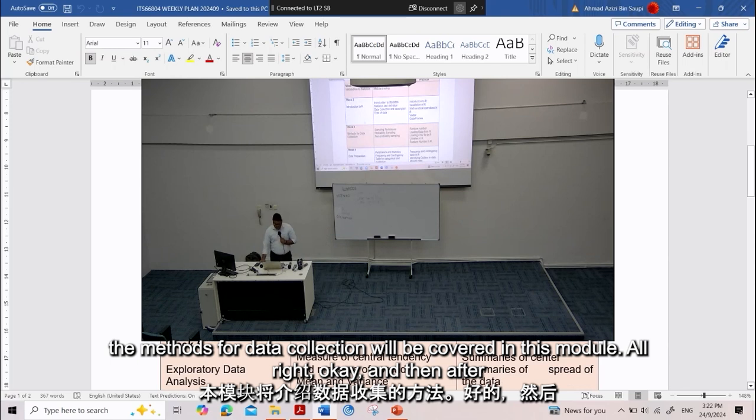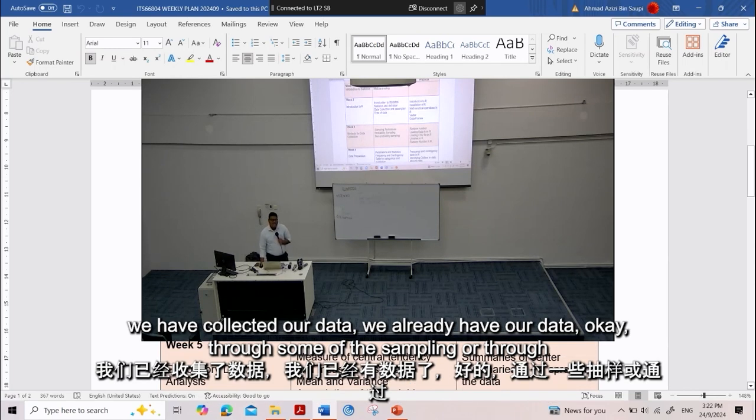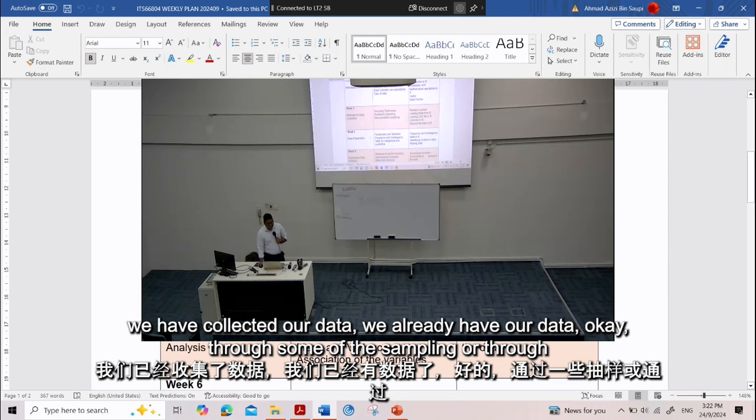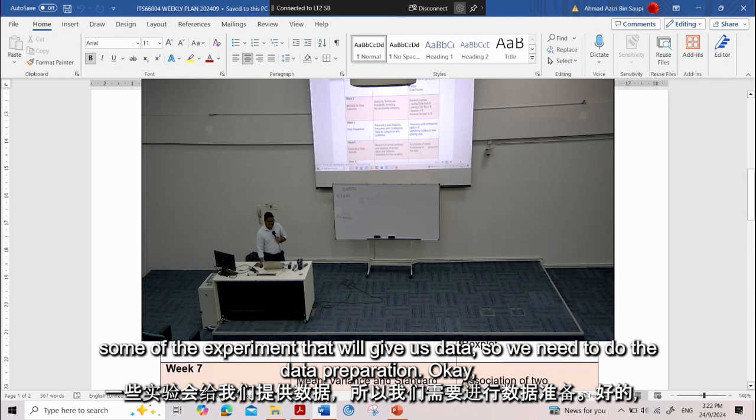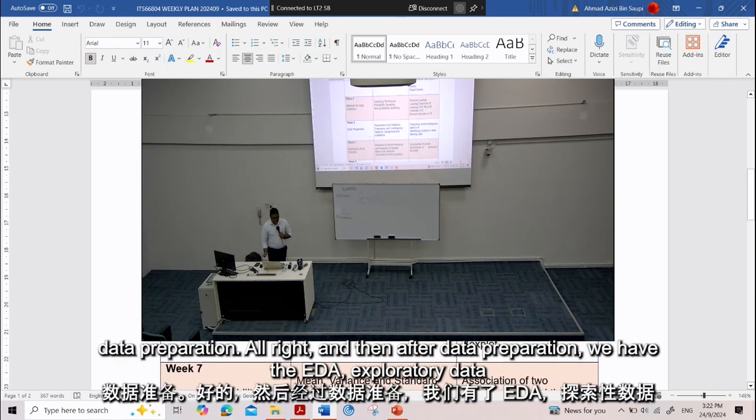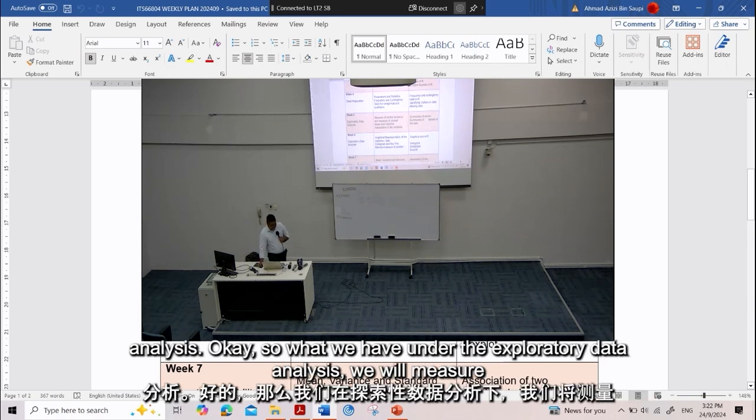After we have collected our data, through some sampling or through some experiment that gives us data, we need to do data preparation. After the data preparation, we have the EDA, exploratory data analysis.